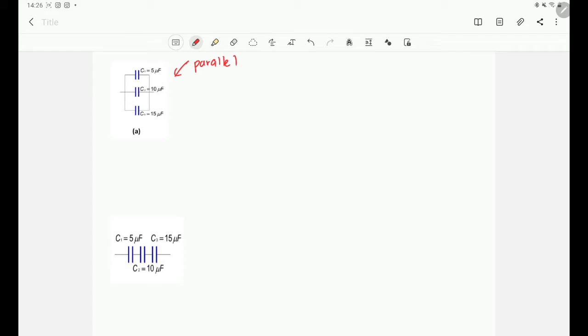So the basic formula for parallel is C effective equals C1 plus C2 plus C3 plus dot dot dot plus Cn. For this we have C1, C2 and C3. So C effective is equal to C1 plus C2 plus C3. We know C1 is 5 microfarad, C2 is 10 microfarad and C3 is 15 microfarad.